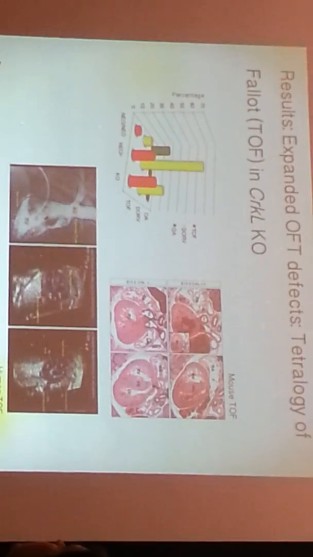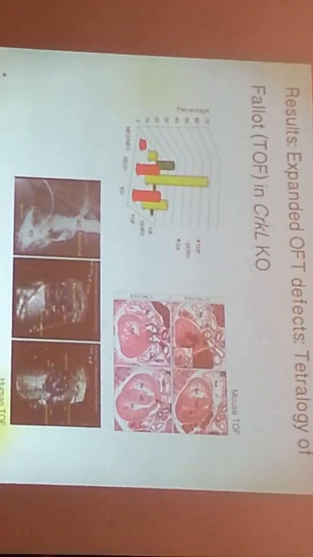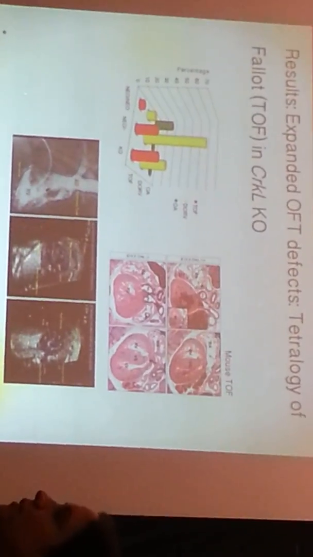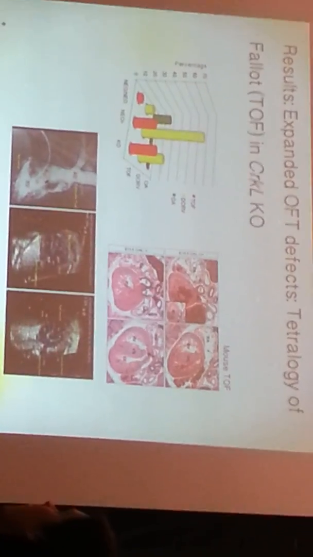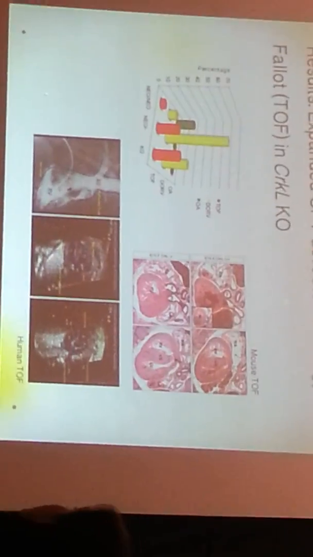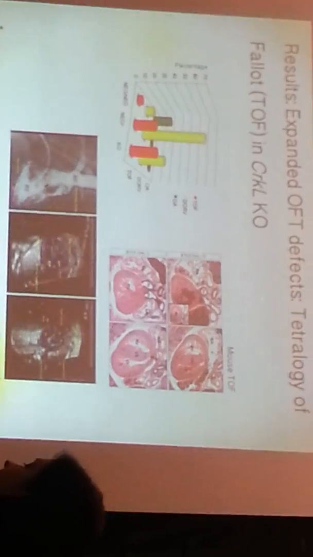So our results: some years ago there was a link between Crkl and neural crest cells, specifically and only for neural crest cells, but they described only one phenotype, and that was in the Crkl knockout.